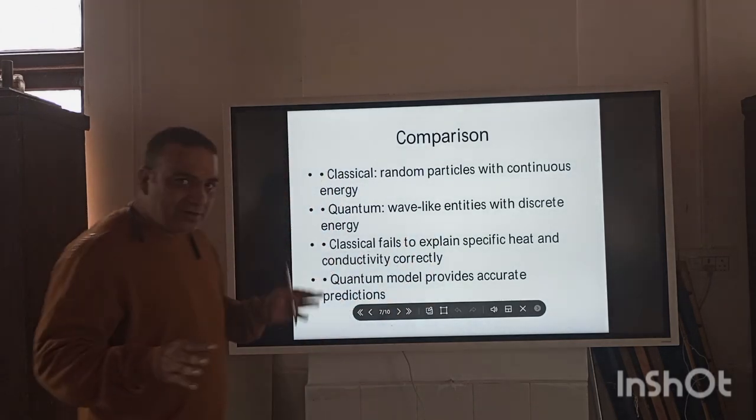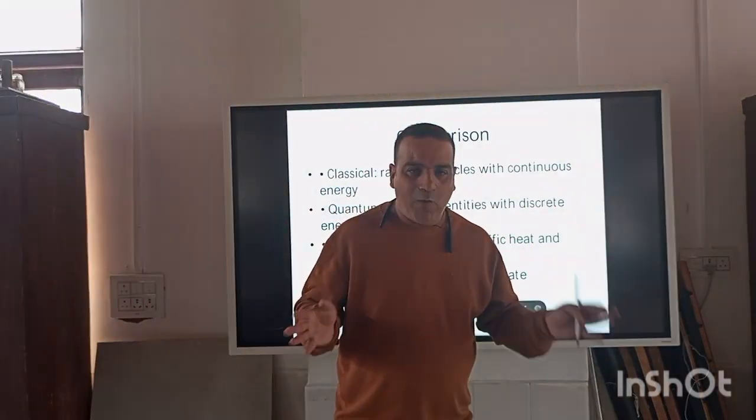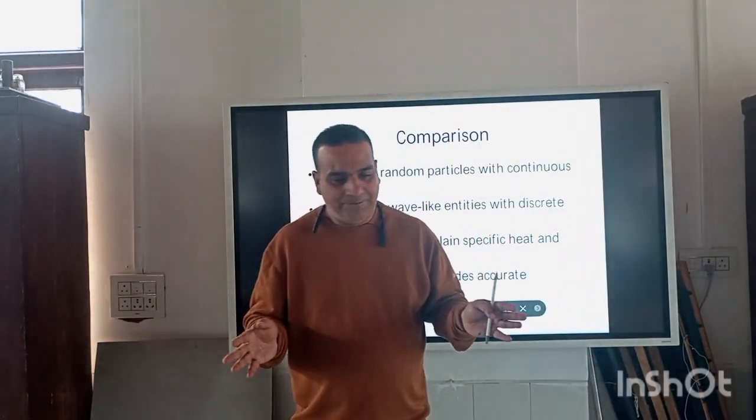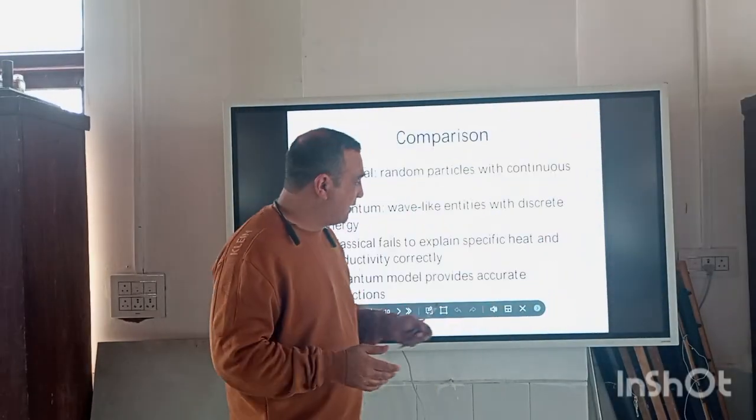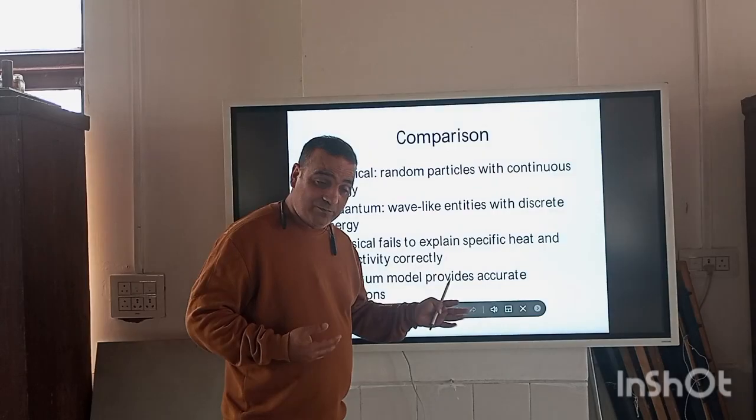Even so, the Drude model is capable of telling us why there is current in a metal when you apply a potential difference. A range of things can be explained using the Drude model.